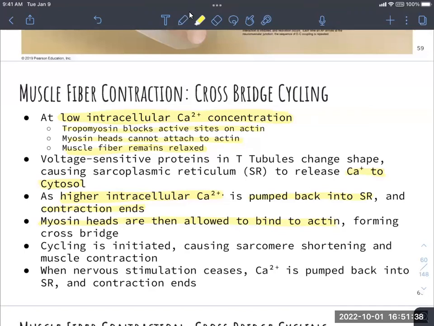This allows for those myosin heads to connect. Those myosin heads connect to the actin, and that is what forms that cross bridge.